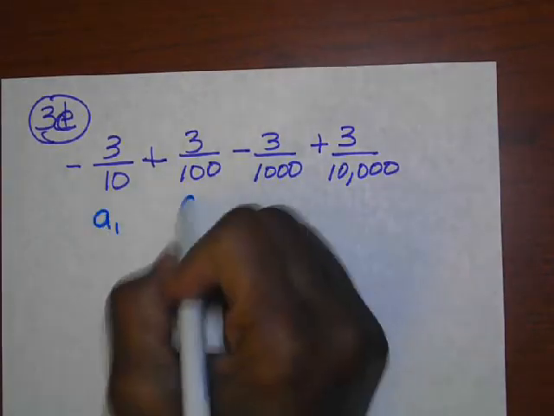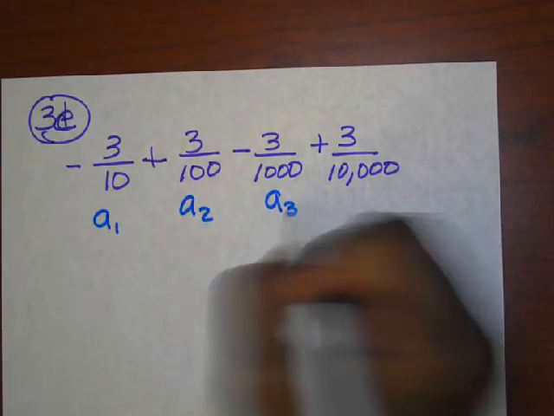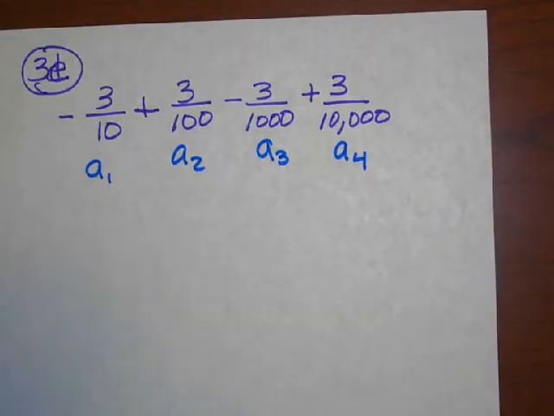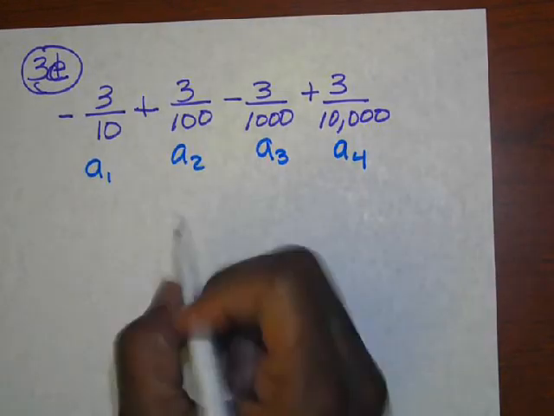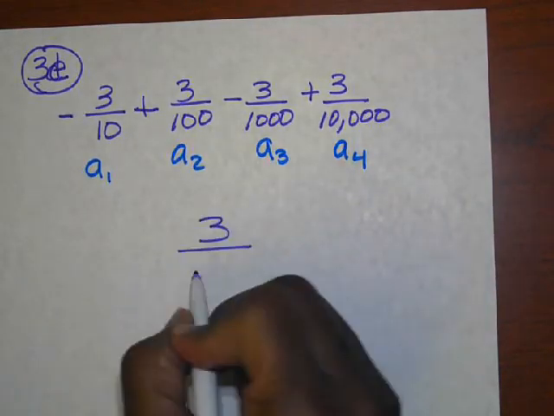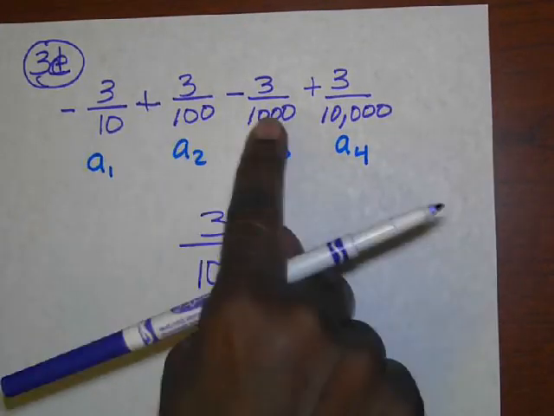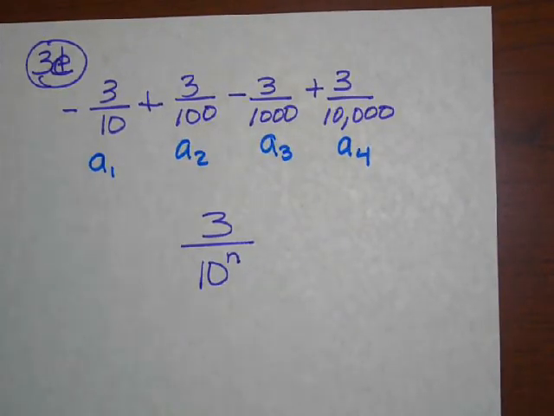First term, second term, third term, fourth term. So I know the beginning of my series and I know the end of my series, so I have the upper and lower limits already. Again, we've already done this one, so we already know what the formula is. It's 3 over 10 to the n. But I have alternating negatives.